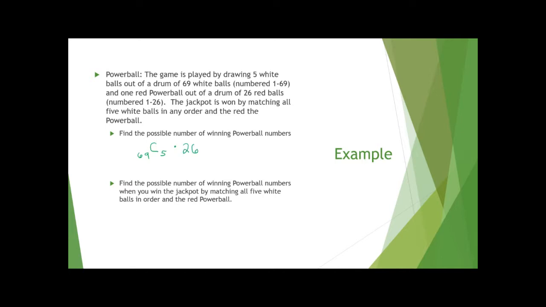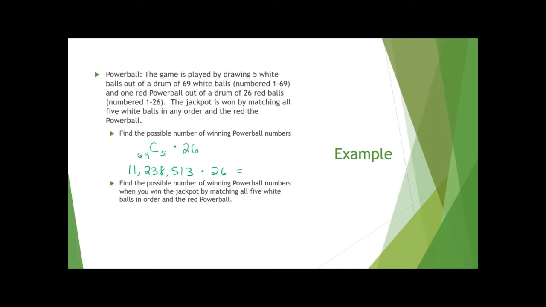So we have to multiply that by 26, because there are 26 choices for that 6th spot. On the calculator, 69 choose 5 is 11,208,513, then times 26.